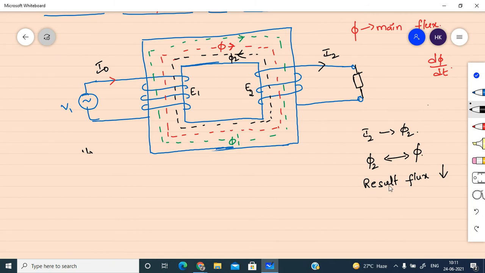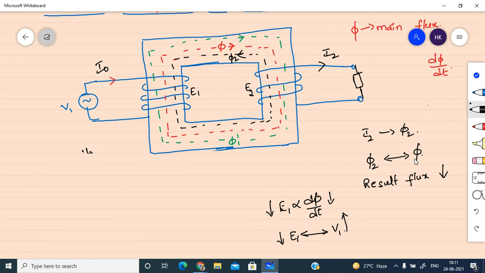So if the resultant flux is reduced, this E1 will reduce. Why? Because this E1 depends on the rate of change of flux linkages. If the resultant flux decreased, then this E1 will also decrease. But E1 and V1, these two are always in opposition with each other. Whenever this E1 decreased, this V1 should be increased. Those two are always opposite, according to Lenz law. Why is this phi 2 opposing phi?